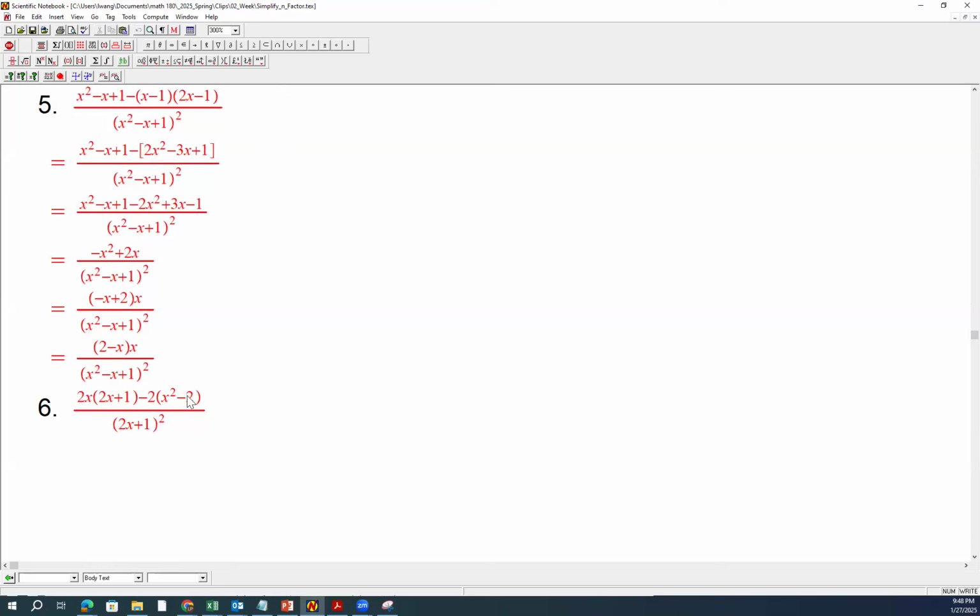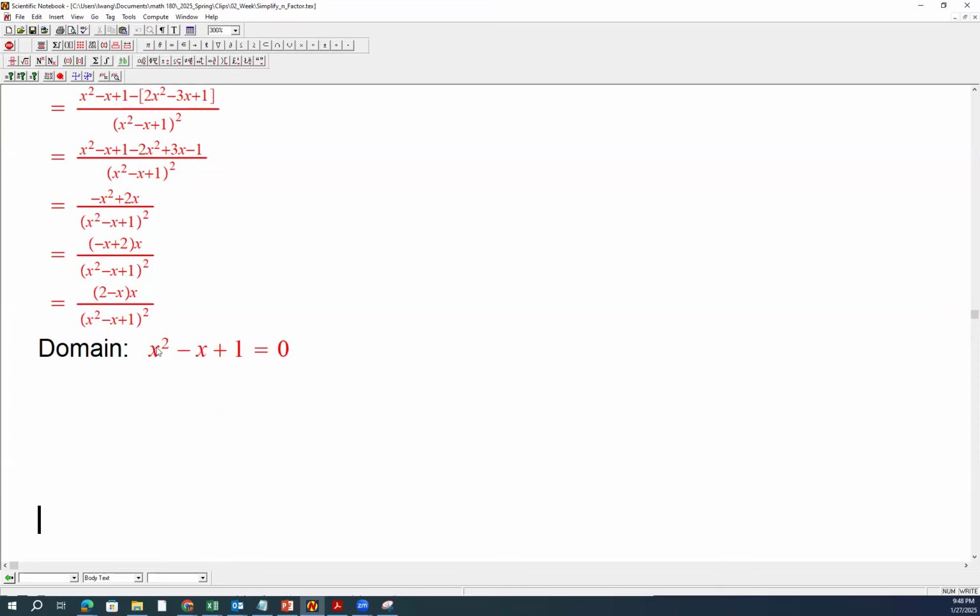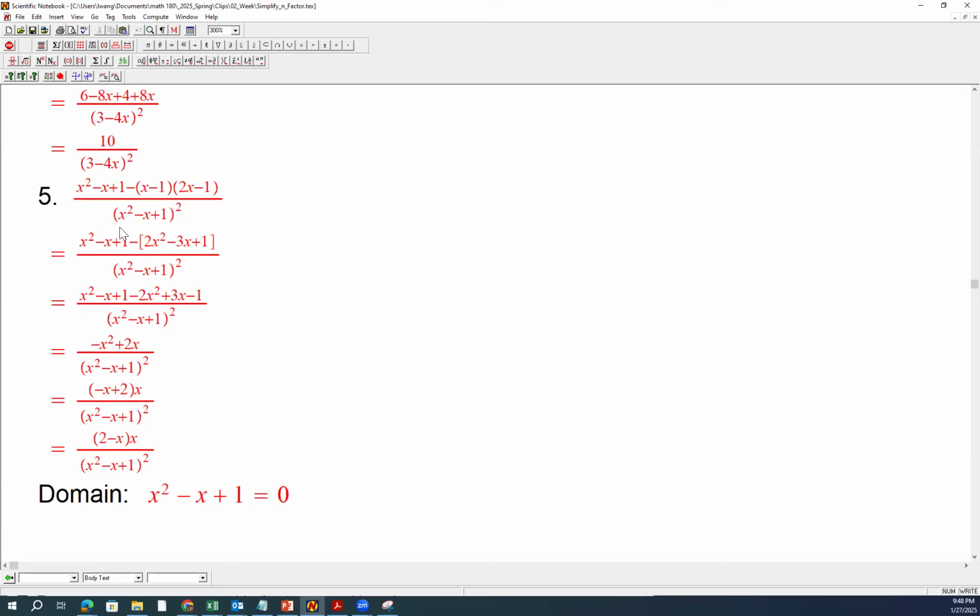To determine the domain for number 5, first I'm going to set it equal to 0. We're going to find out what real numbers make this quadratic equal to 0. Those numbers should not be in the domain because that's in the denominator.